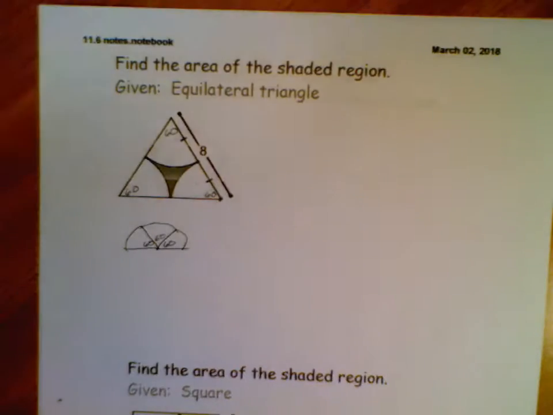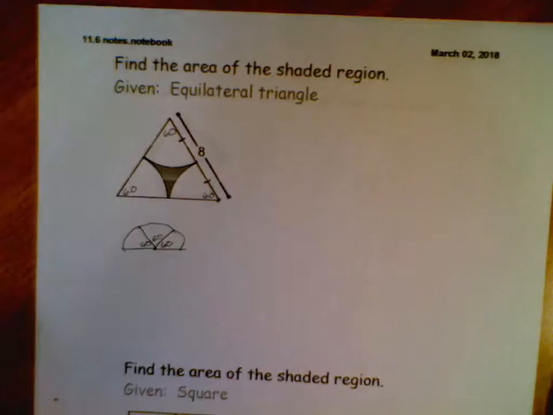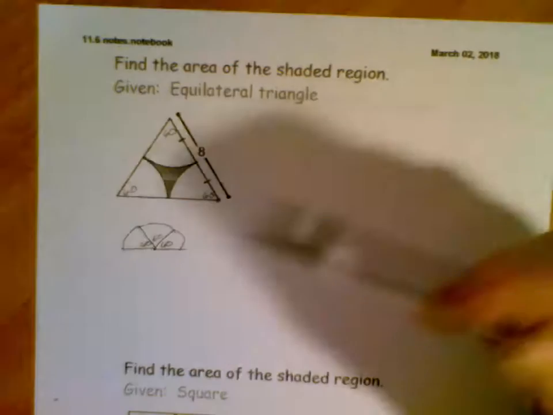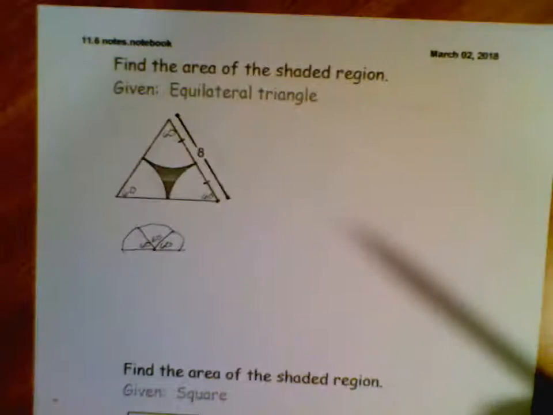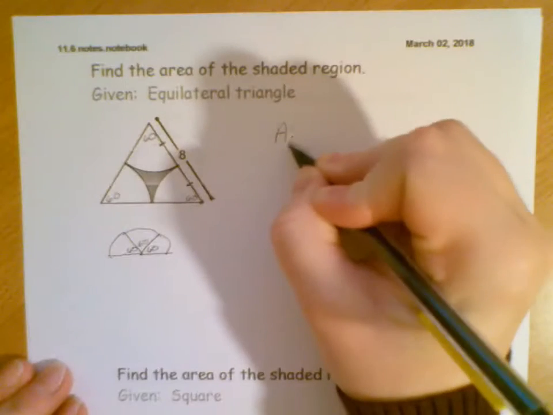So I'm going to find the area of the triangle, and then I'm going to subtract out a semicircle. So let's start with the area of the triangle.